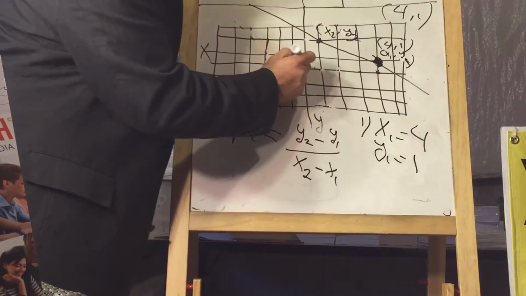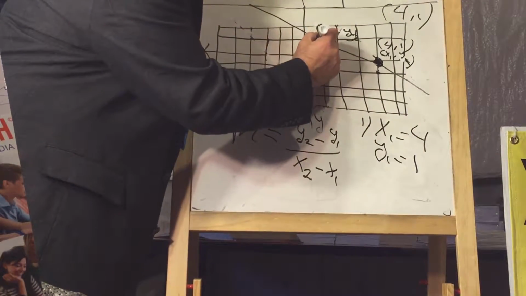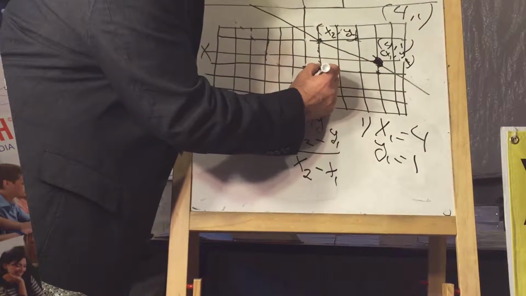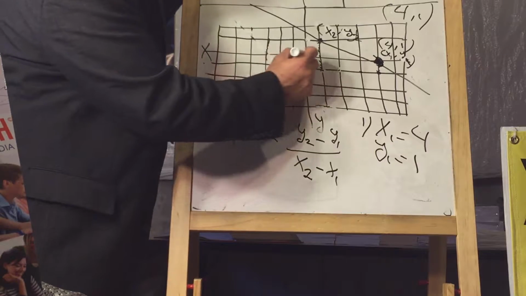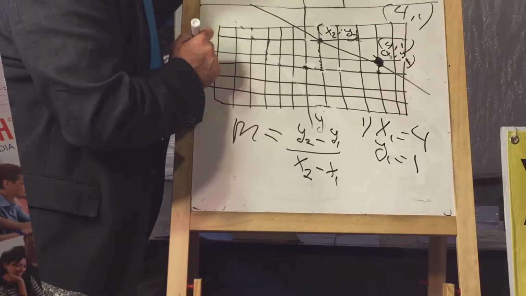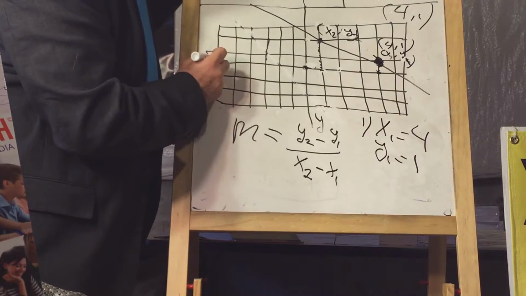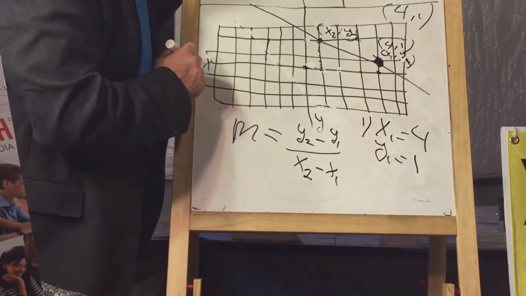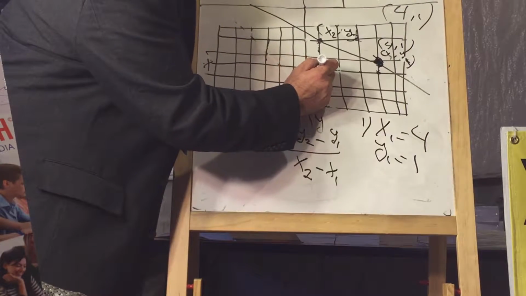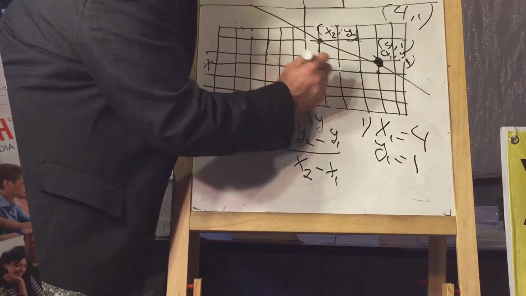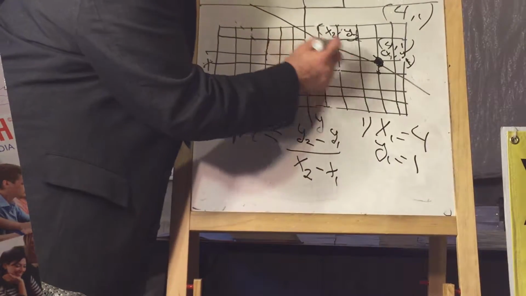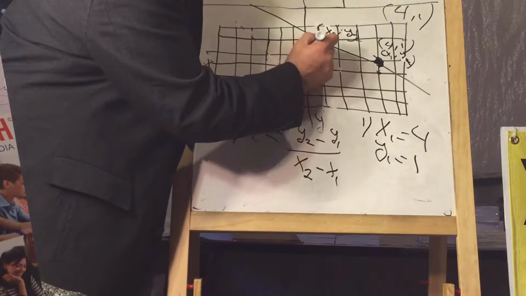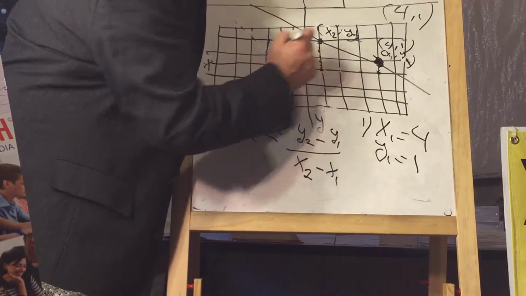This point here, you go down to the x-axis, this is the point for x, and y2 is 2, which is right here.